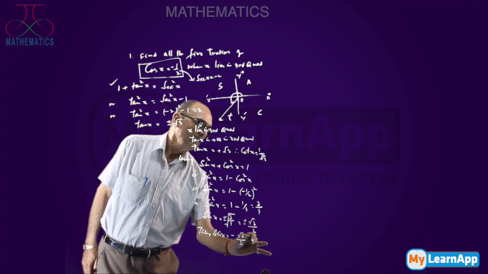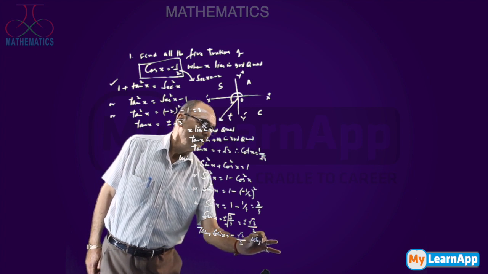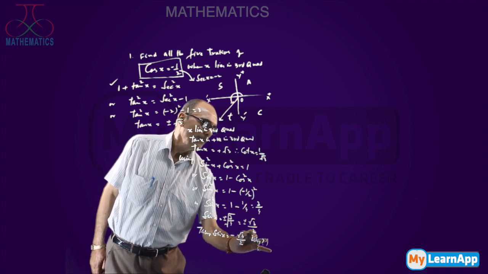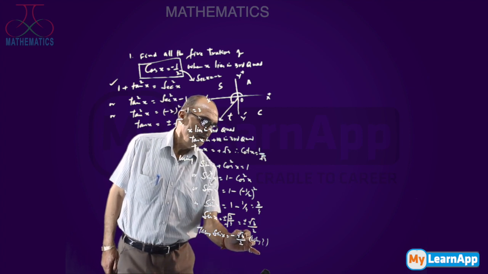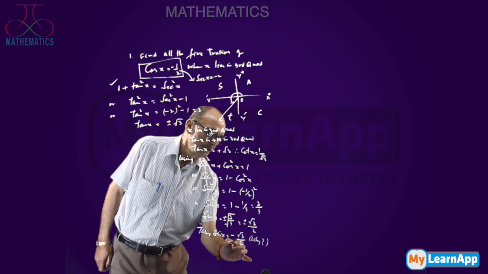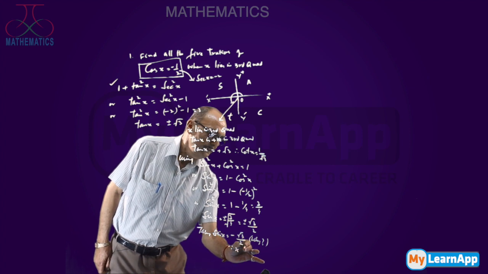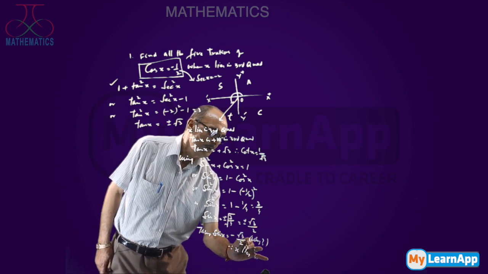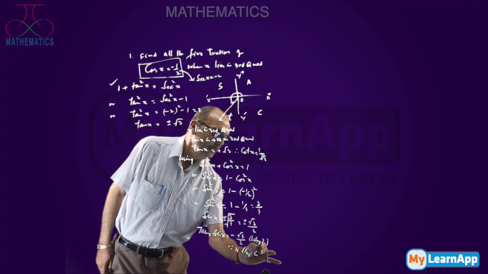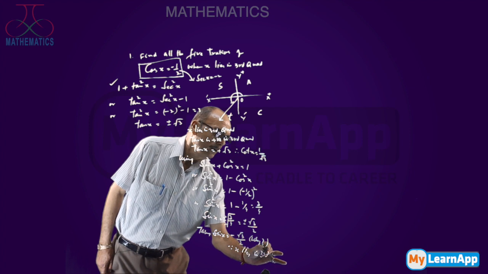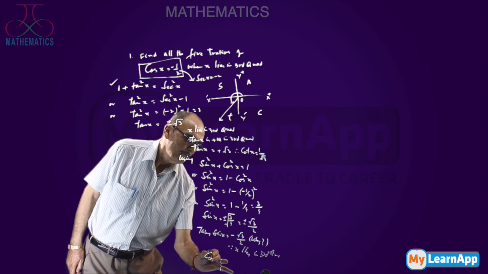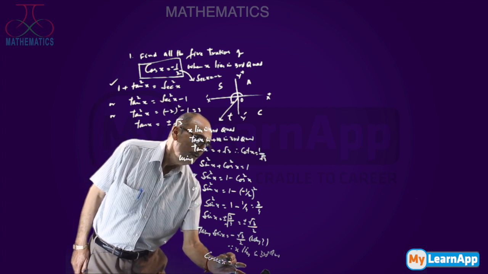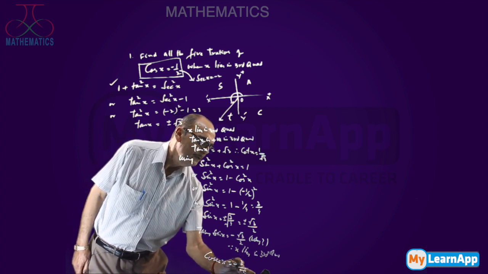Why? This is because x lies in third quadrant. Therefore, cosec of x is minus 2 by root 3.